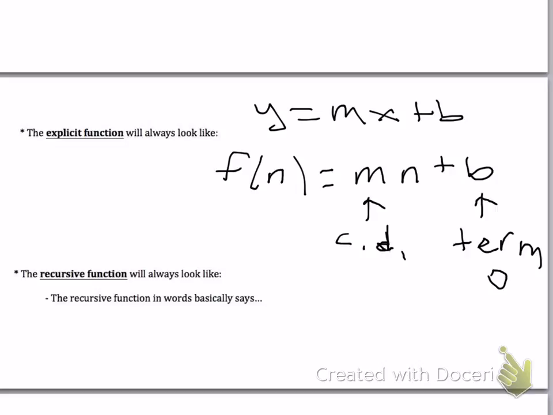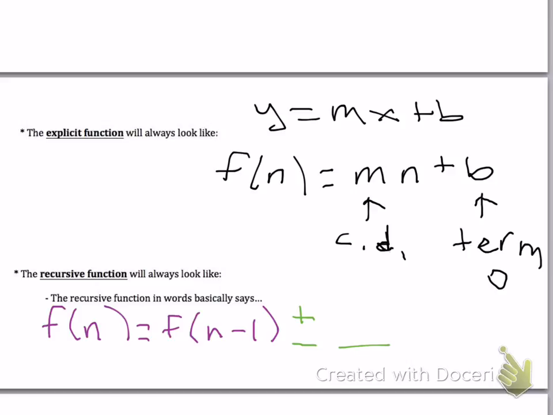Then we also have what's called the recursive function. And the recursive function looks like this. F of n equals f of n minus 1. And then you're going to take that and you're going to add a plus or a minus, depending on if you're increasing or decreasing, and then your common difference.